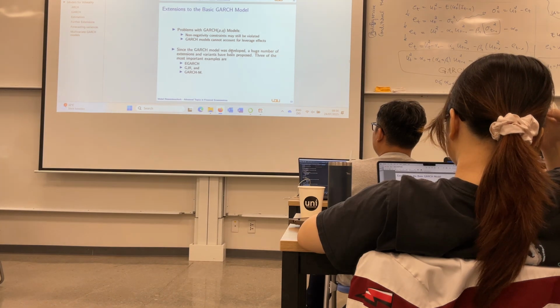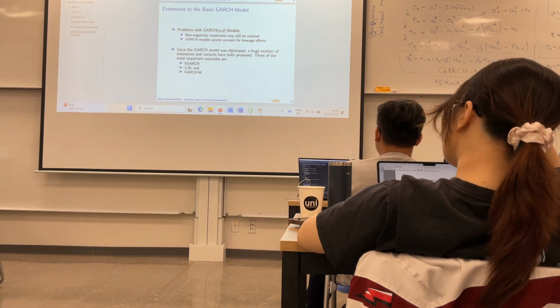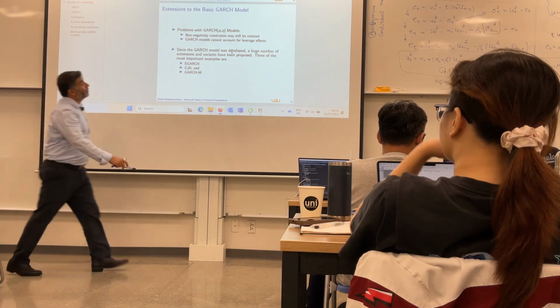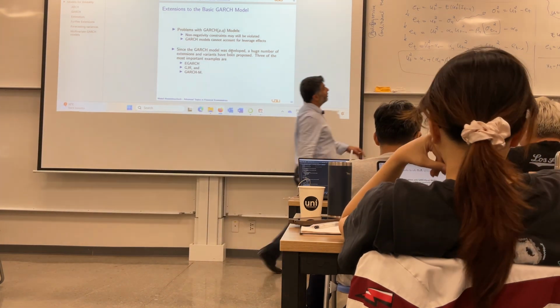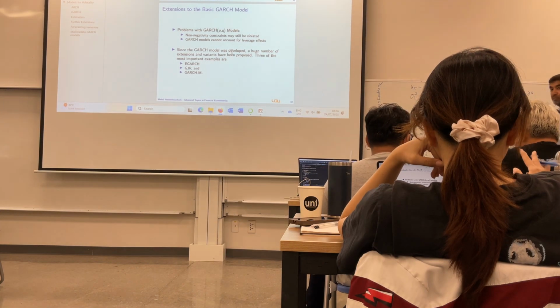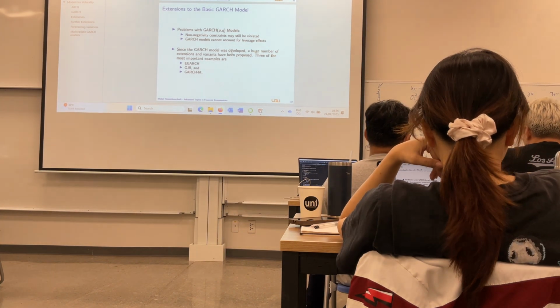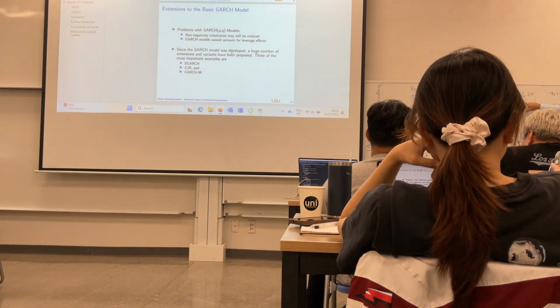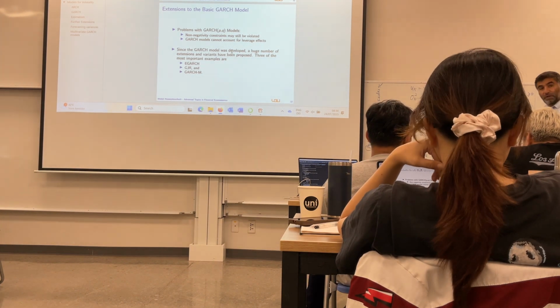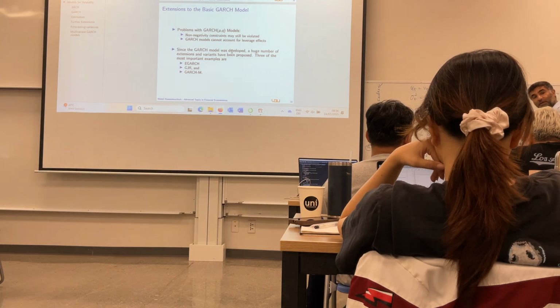So Garch essentially has problems. One of the problems is that you require these parameters to be positive. These are called non-negativity constraints. And when you have optimization with constraints, what do you do?